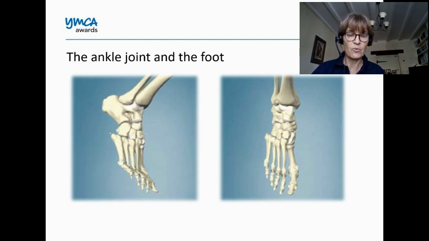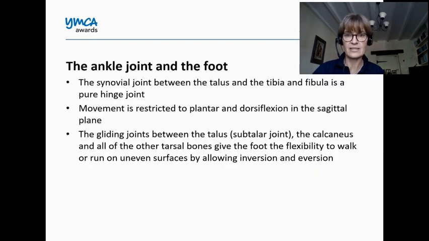You can see where your heel is, that's your calcaneus, and the bone underneath the distal end of your tibia and fibula is your talus. Calcaneus at the bottom, talus above it. And then you can see the other cuboid bones, and then merging into your metatarsals and your phalanges, just as you have in the hand.